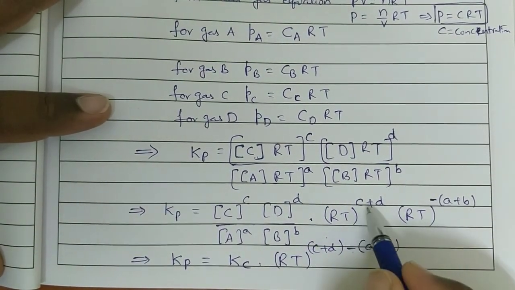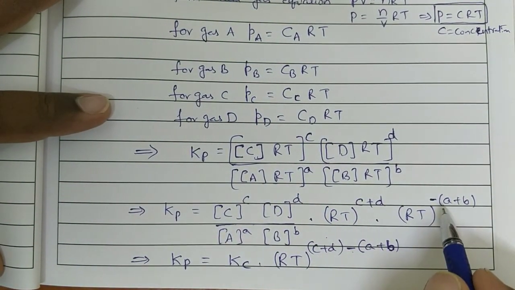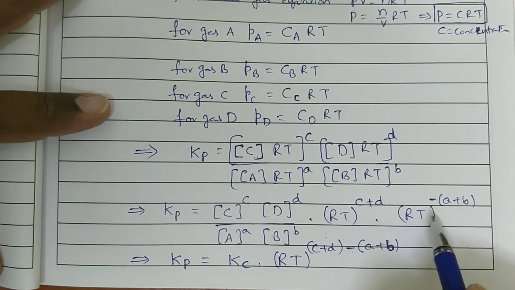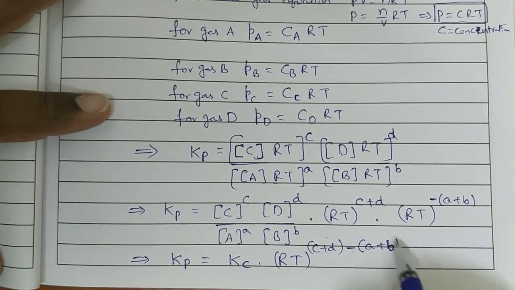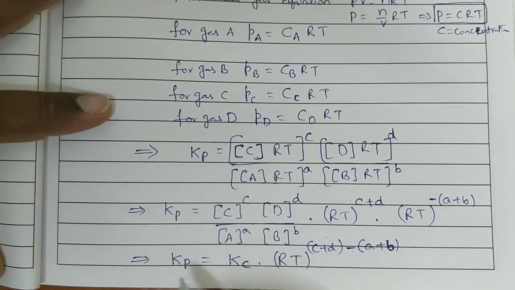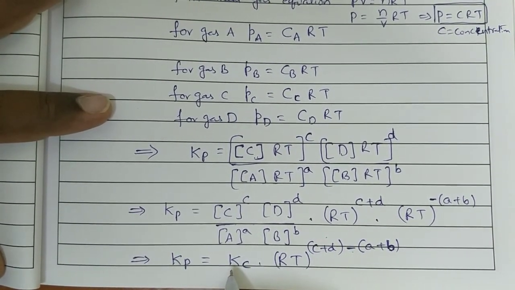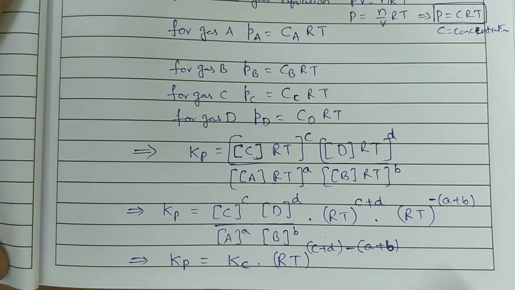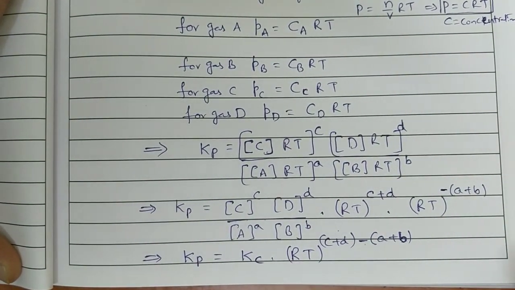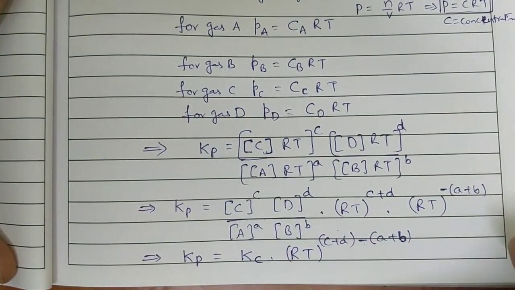This is in the form of a power m into a power minus n. Simply we can write a power m minus n. So Kp is equal to Kc into RT power c plus d minus of a plus b. Once again I am writing this equation.